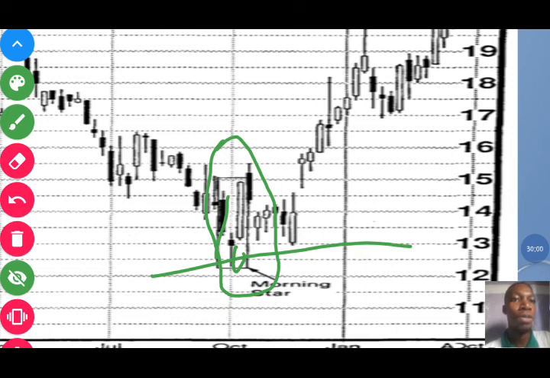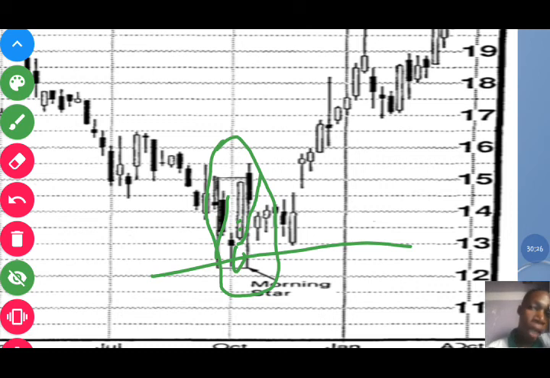Actually, this small bodied candle looks somewhat like a hammer, but it is really not a hammer, because it has that small wick to the top. And you can see how it was followed by a white body.